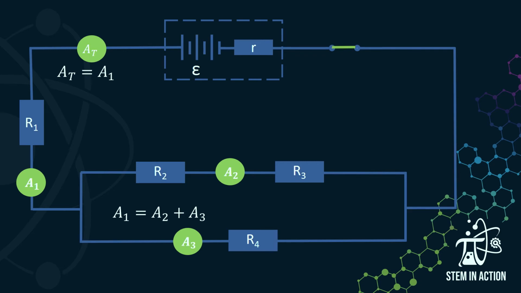And so we can then see that A1 or A total will be shared between the branches, between A2 and A3. So A1 would be equal to A2 plus A3. Notice that the current through resistor 2 and resistor 3 is represented by A2. The current that flows through resistor 2 is also going to flow through resistor 3 because they are in series.